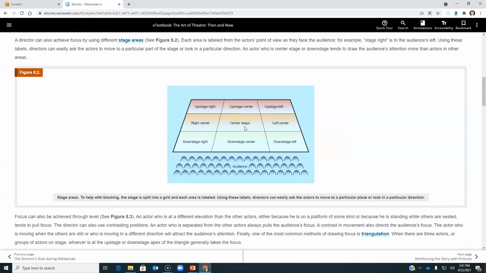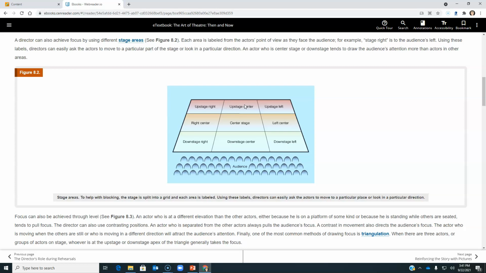If I said, move to your left, they would move a different direction because they would be facing me, and they would move to the left center. Now if I said, come out and stand in center stage. So these are the stage areas, and they are the actor's left or the actor's right. Downstage means closer to the audience, and upstage is further away.